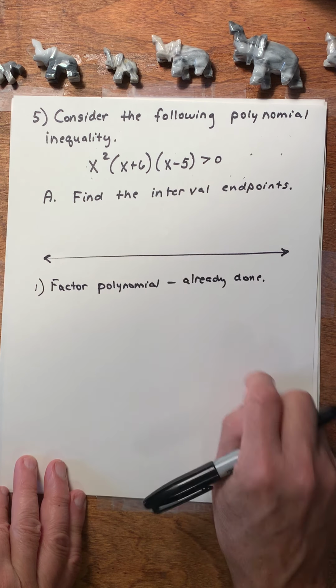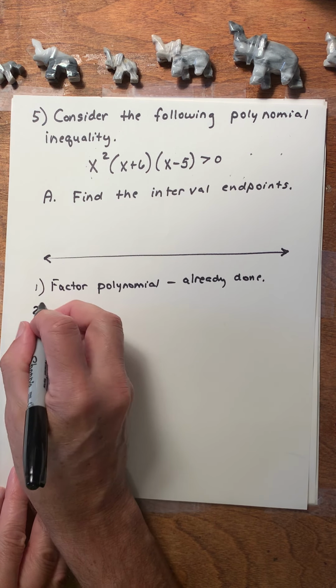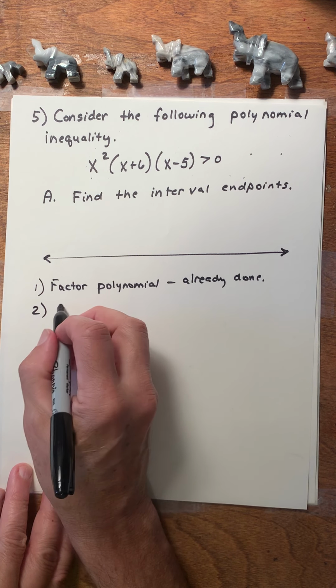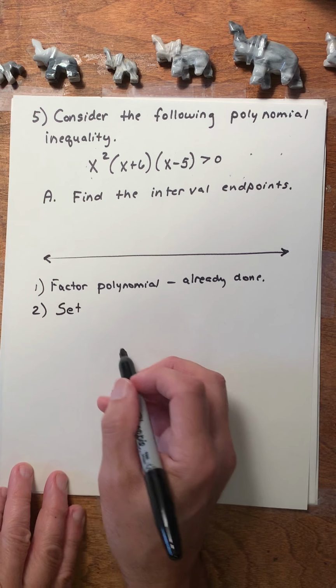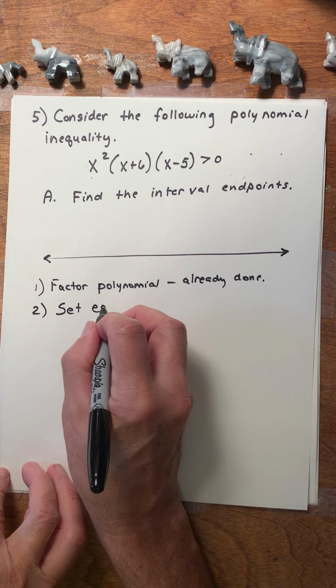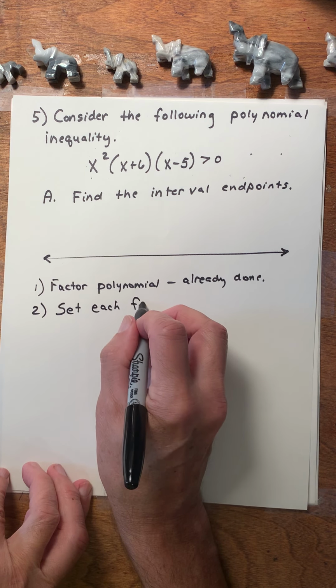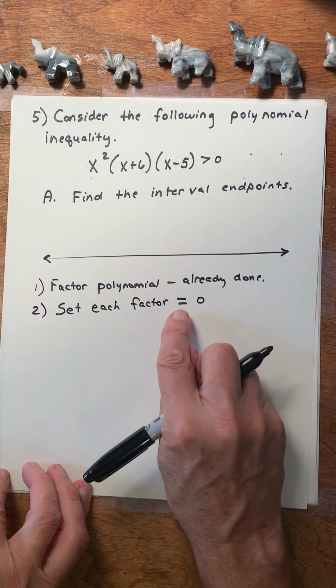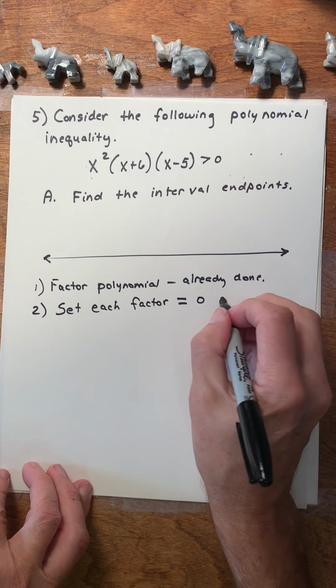It's already factored. Second step, set each factor equal to 0 and solve. Just like in solving that last equation. Set each factor equal to 0, not less than or greater than, but equal to 0, and solve.